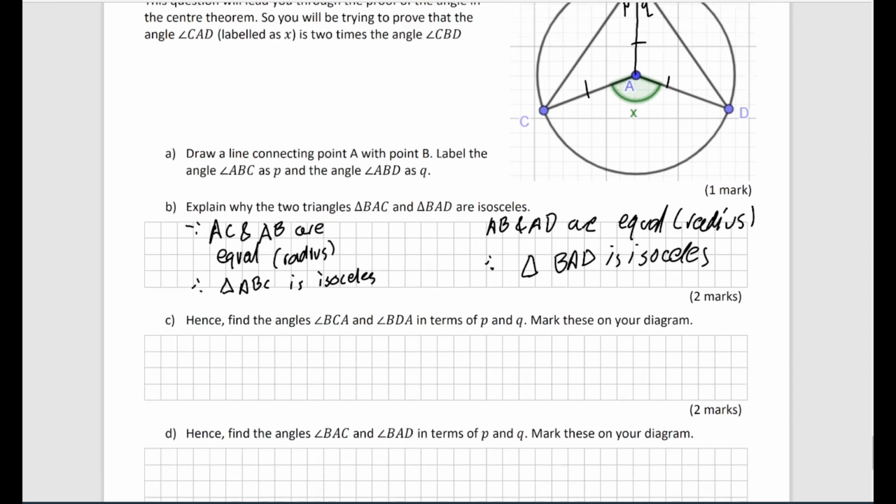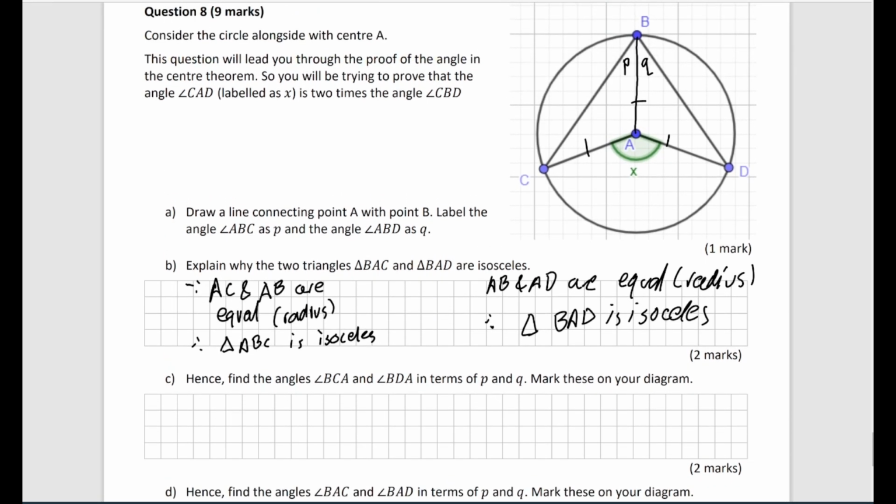Hence, find the angles BCA and BDA in terms of P and Q. Angle BCA is supposed to equal angle ABC by isosceles triangle BAC. That should have been BAC there because it was what they actually asked us to show.